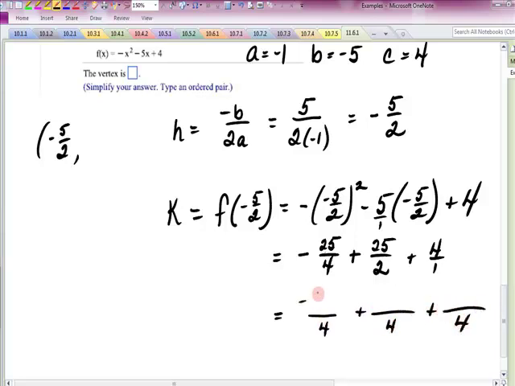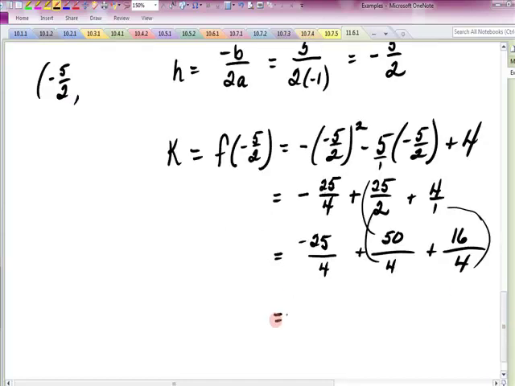The first fraction does not change. 2 goes into 4 2 times. 2 times 25 is 50. And the last one, 1 goes into 4 4 times, and 4 times 4 is 16. Negative 25 and positive 50 gives me 25, plus 16 gives me 41 over 4.